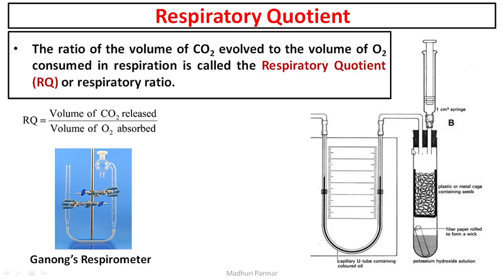So as much oxygen as these seeds keep on utilizing, this liquid here in the U-shaped capillary, okay, in your U tube, will get raised, okay, the level will rise. Why? Just think of it like a straw. If you suck a shake from the straw, the shake will rise, right? Same thing is happening here. The oxygen is being utilized. Because a lot of oxygen is being utilized, this level, okay, will rise.